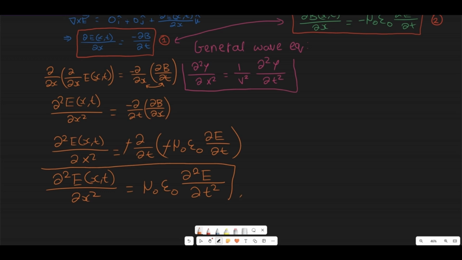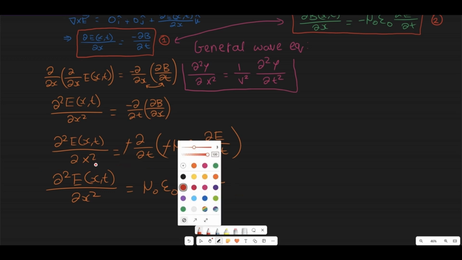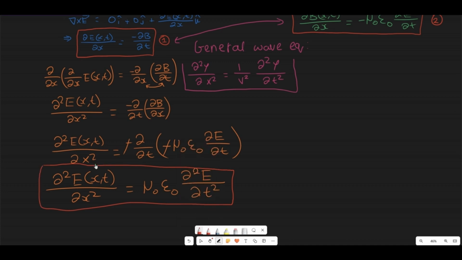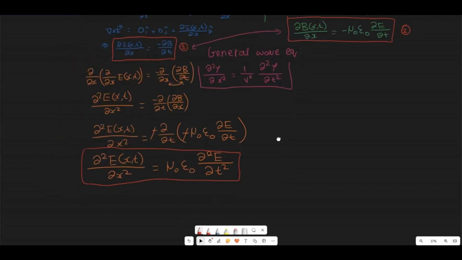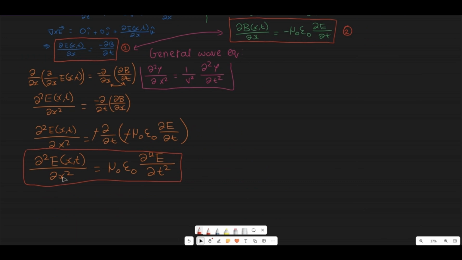I'm actually going to box that in a different color. I'll box it in red. And look at this. This is second order in spatial derivatives and second order in time derivatives.